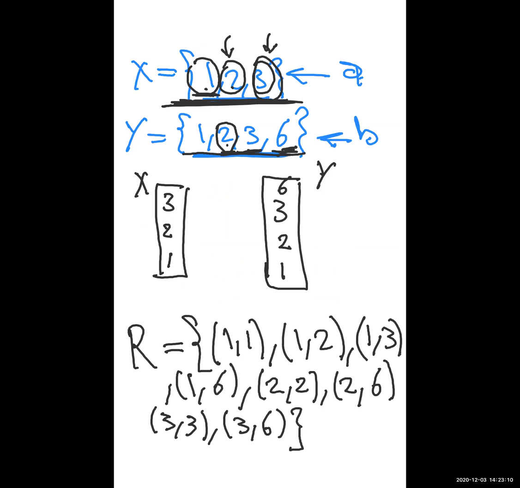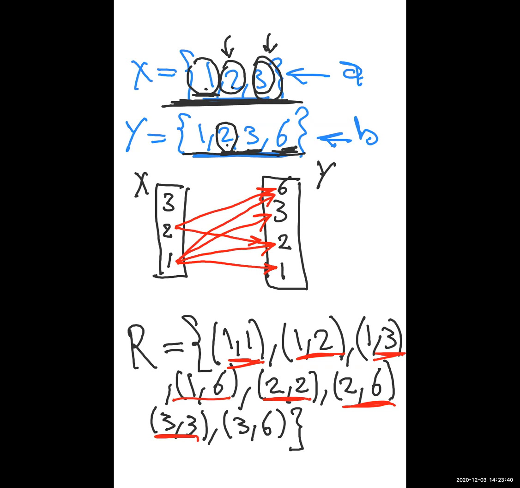Now represent your relation. 1 and 1, one arrow from 1 to 1. Then 1 and 2, one arrow from 1 to 2. 1 and 3, one arrow from 1 to 3. 1 and 6, one arrow from 1 to 6. Then 2 and 2, one arrow from 2 to 2. 2 and 6, one arrow from 2 to 6.